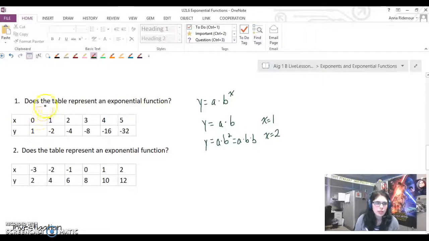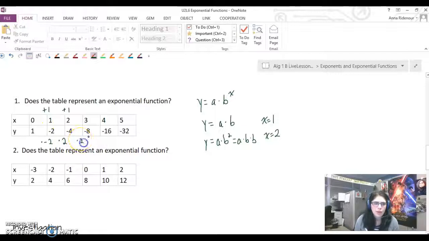So if I look at this table, to go from one x value to the next, I'm adding 1. So that's fine. And then to go from 1 to negative 2, I would multiply 1 by negative 2. But then from then on, in order to get from negative 2 to negative 4, I would multiply it by positive 2.